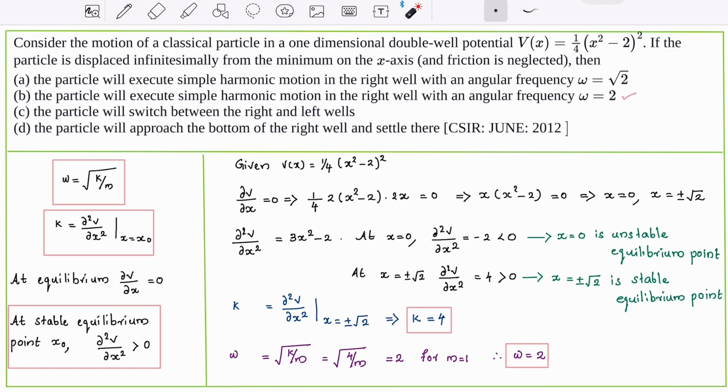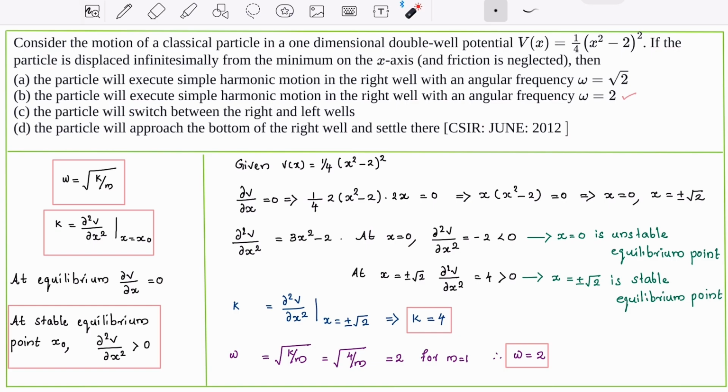Now, at a stable equilibrium point, the force constant is given by ∂²V/∂x². So k is equal to ∂²V/∂x² at x = ±√2, because ±√2 corresponds to the stable equilibrium points. Therefore, the value of k is 4. Once the value of k is obtained, the frequency ω = √(k/m), that is √(4/m).